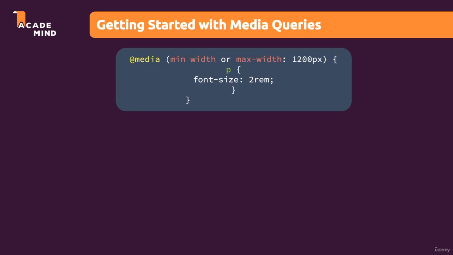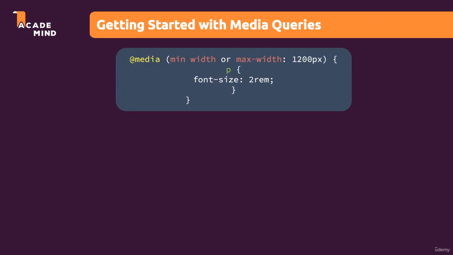And if this device type meets certain criteria, then the code we define in this media query should be executed. These criteria are right here in this red part, either the min-width or the max-width, so either of the two.